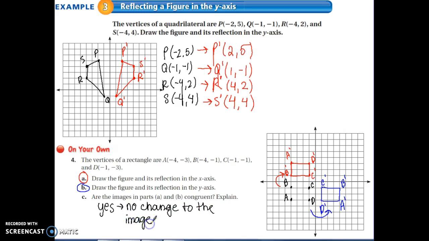We really only changed its location. And we also changed its orientation. Meaning instead of facing one way, it's now facing the other way.